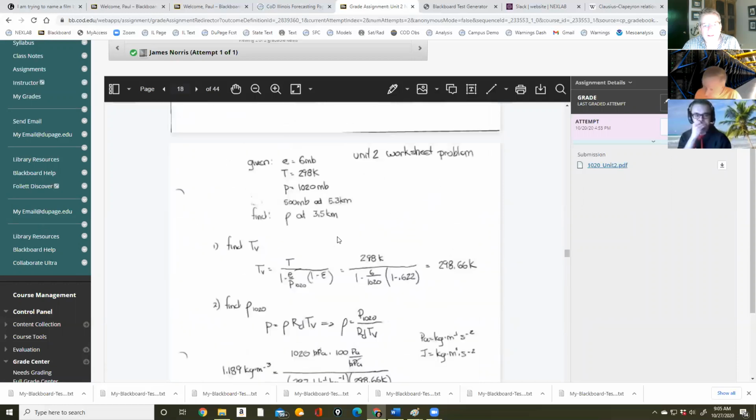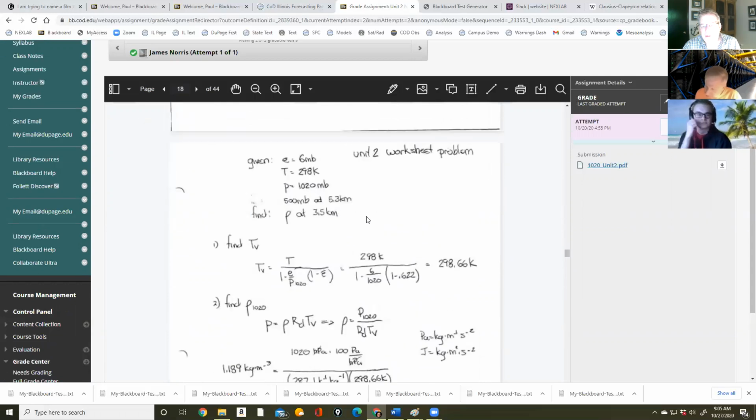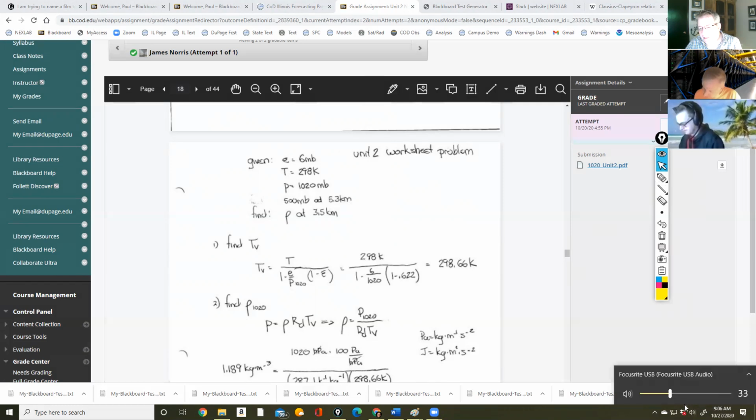Now this next one was a little bit harder, right? But you break it down into different parts. The very first thing you do is solve for the virtual temperature, which you have all the information for. Let me get my pens open. This is the last one in the worksheet, the one I made up so that you get an idea of a couple things.